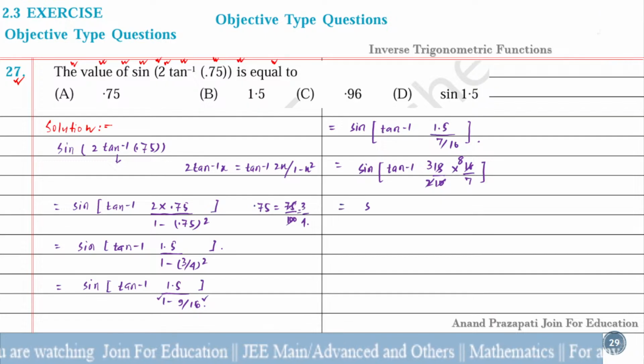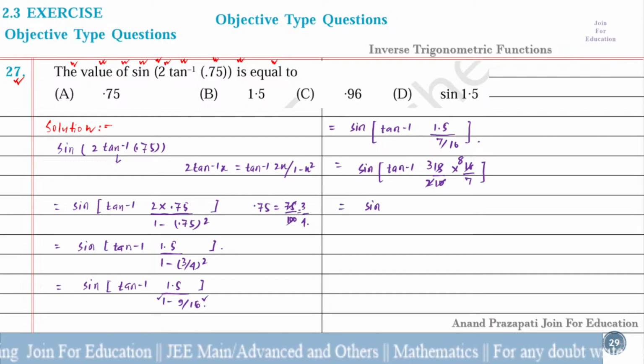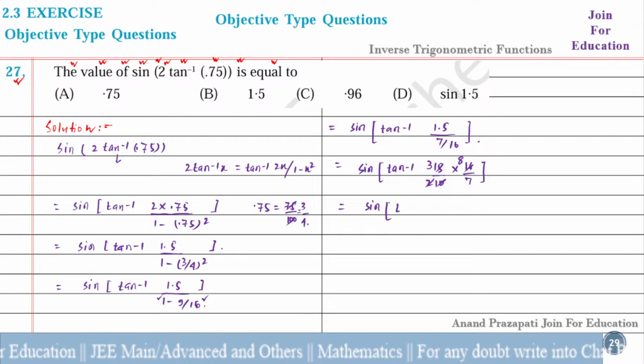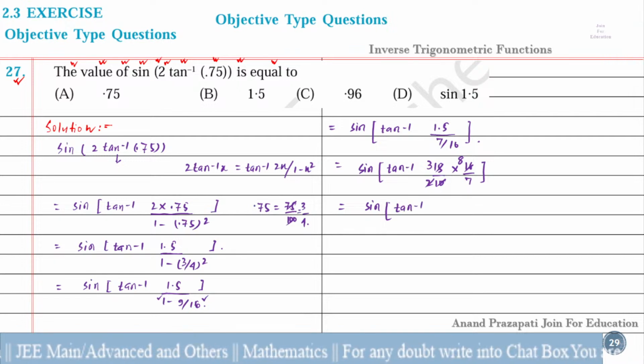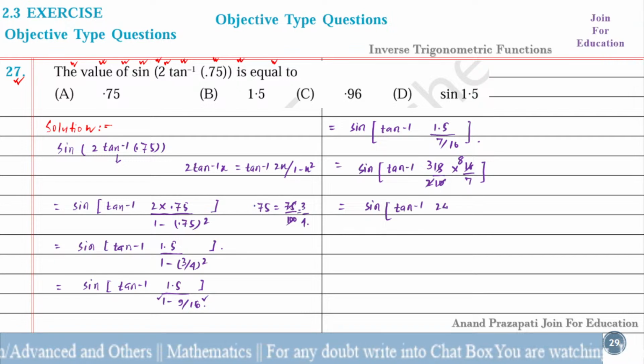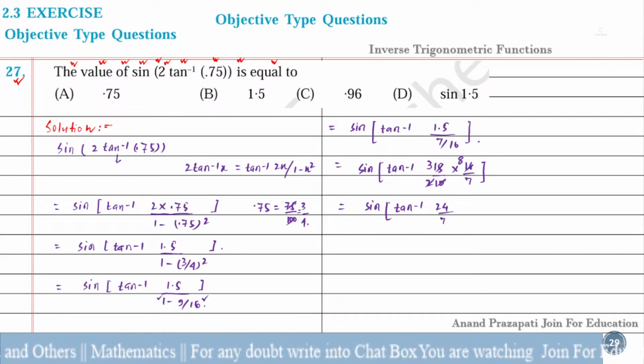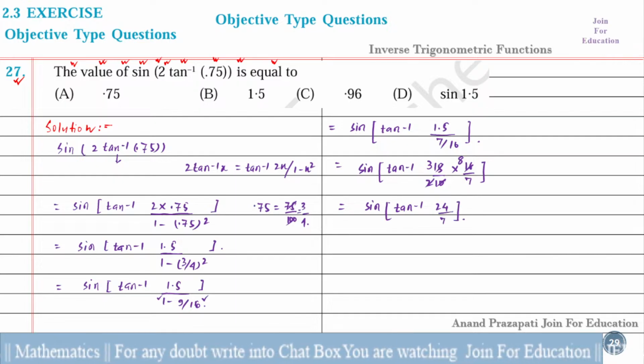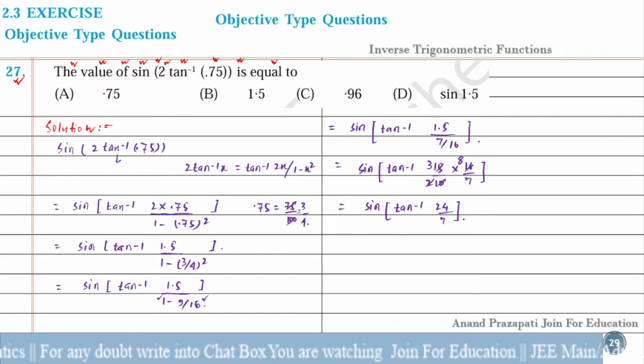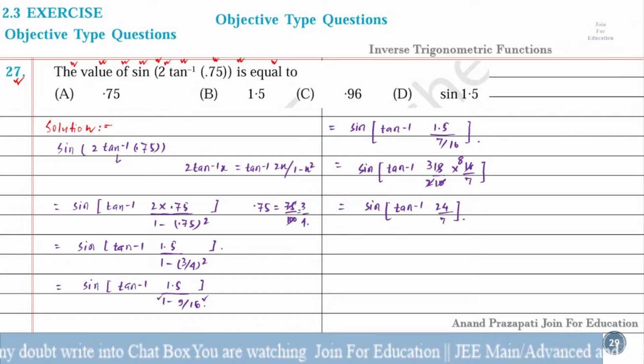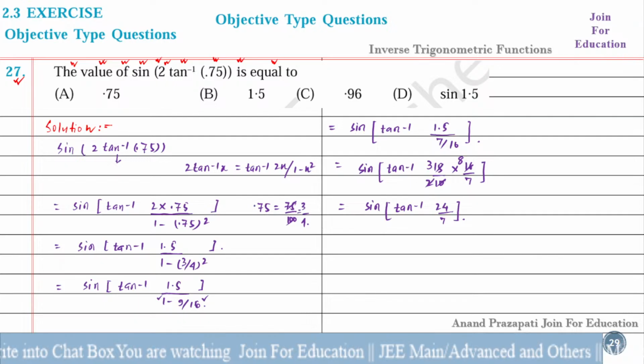Therefore here will be sin tan inverse 24 by 7. And we know that tan theta equal to p by b and sin theta equal to p by h.